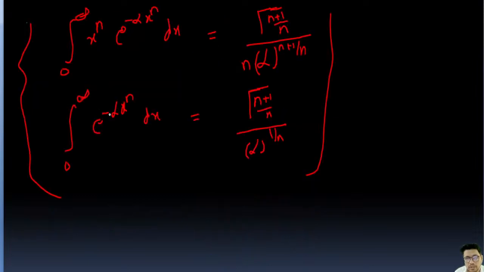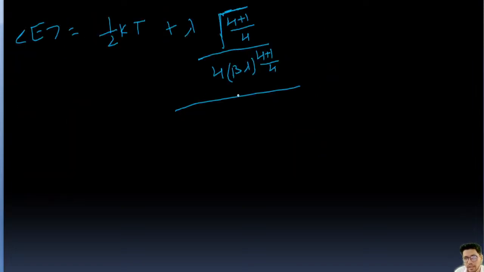We'll use this formula: gamma of (n plus 1) by n, so gamma of (4 plus 1) upon 4, upon alpha to the power 1 by n.